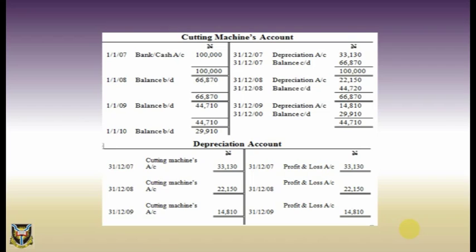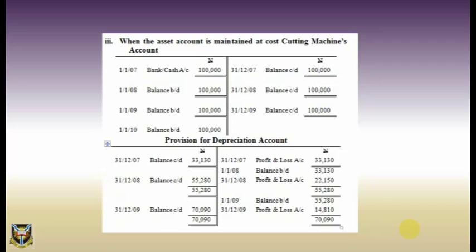Total 55,280. 1/1/2009 balance B/D 55,280. 31/12/2009 profit and loss account 14,810. Total 70,090 naira.